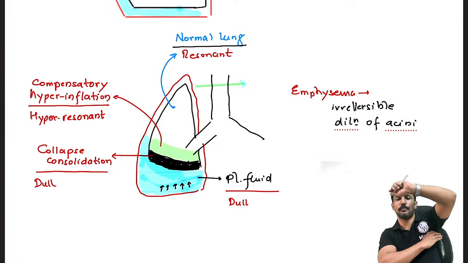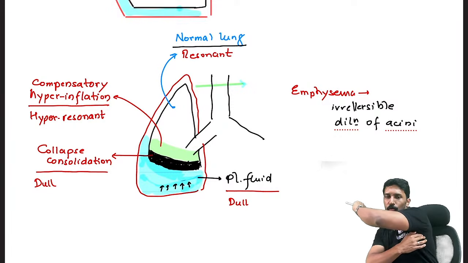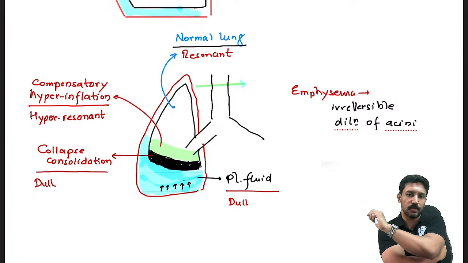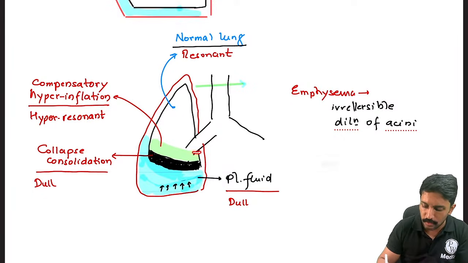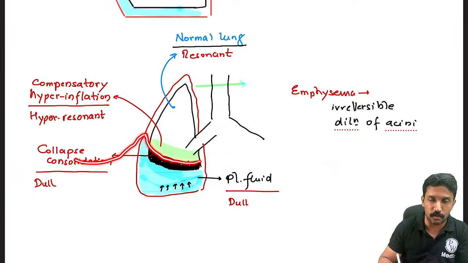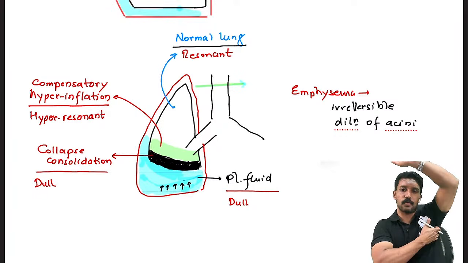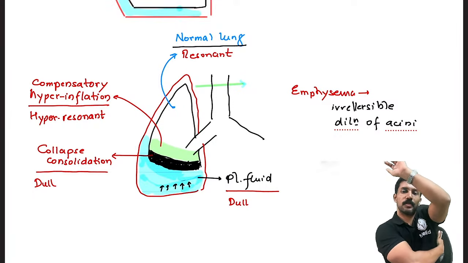And then if I go on percussing posteriorly, it will again be seen decreasing below the axilla. So the level of dullness goes on increasing towards the axilla, and then from the axilla posteriorly again it goes on decreasing. So it creates an inverse S-shaped curve, goes up, posteriorly comes down.